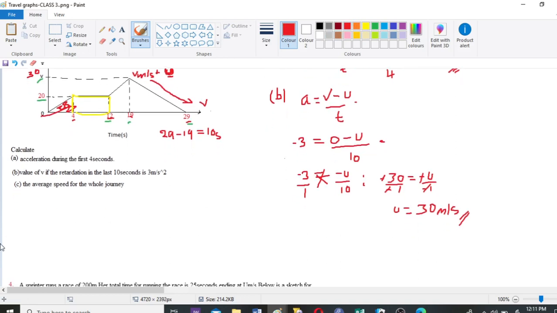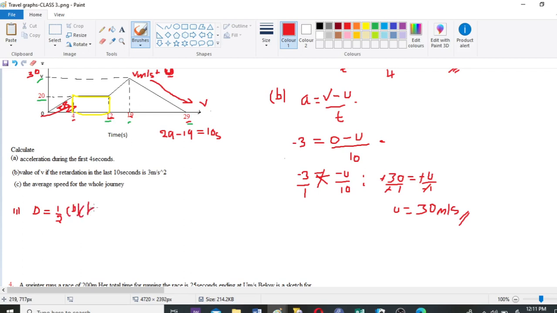So the first distance we have is the triangle. Remember, to calculate the distance, we use the area under the what? The graph gives us the distance. So we can use d. If you did not watch the first class, please make sure you watch the video so that you can catch up. So it's half base times height.